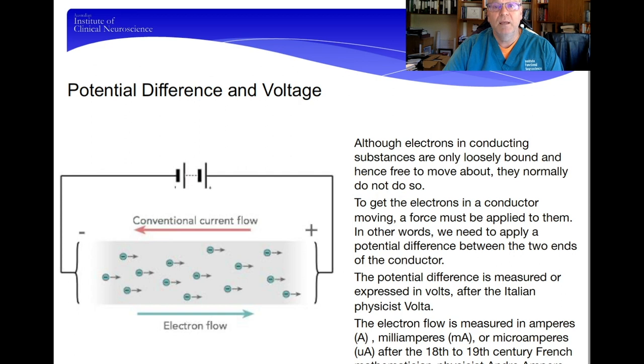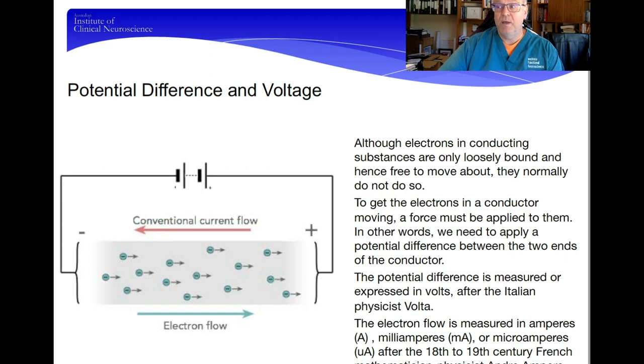Generally, we do this by applying some kind of force to the electrons. The force that we apply to move electrons is called a voltage or a potential difference. The potential difference is measured in volts, and it happens to be named after the physicist Volta, who did a lot of work in this area.